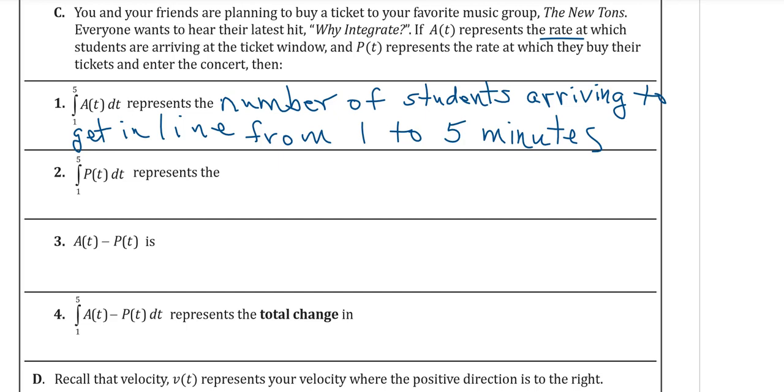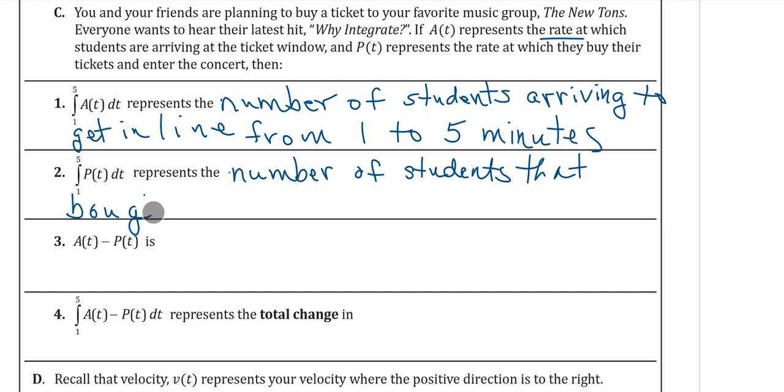And the integral from 1 to 5 of P of t dt represents the number of students that buy their tickets. And of course, it's from the same time frame. And of course, they leave the line. That's important to say, because once you get your ticket, you leave the line. And I'm putting that there for the next parts.